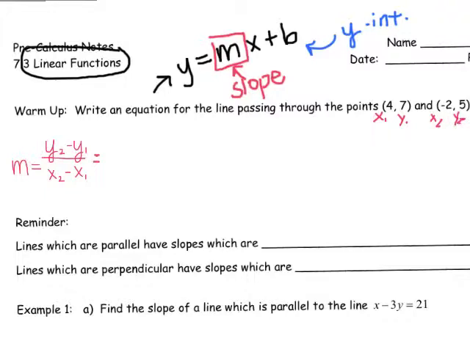So I'm going to plug in 5 for y2 minus y1, which is 7, over x2, which is -2, minus x1, which is 4. So 5 minus 7 is -2, and -2 minus 4 is -6, and that reduces down to 1/3. So this is my slope. We'll call that step 1, find your slope.